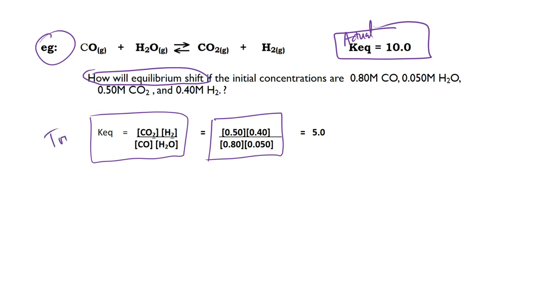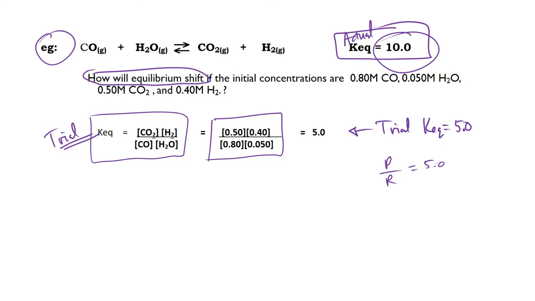I should label this, so make sure you call it the trial KEQ. My trial KEQ is 5.0. Let's compare that to the actual. My products divided by reactants is 5, but it needs to be 10. It should be 10 under these conditions, which is where the equilibrium actually lies.